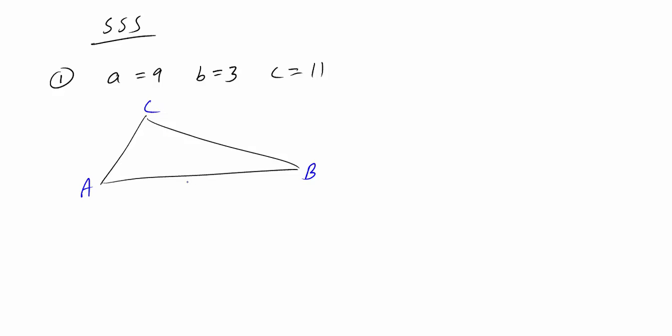I'm just drawing a picture so we can visualize the sides and the angles. So little a is 9, side b is 3, and c is 11. We want to solve for angle A, angle B, and angle C.